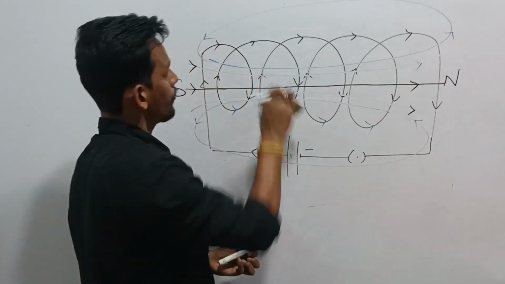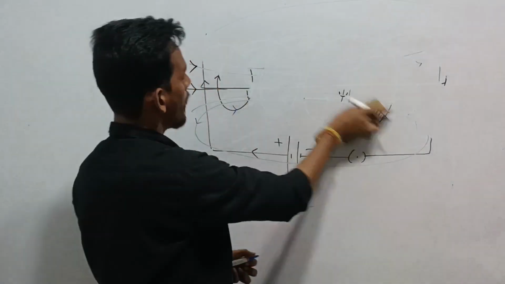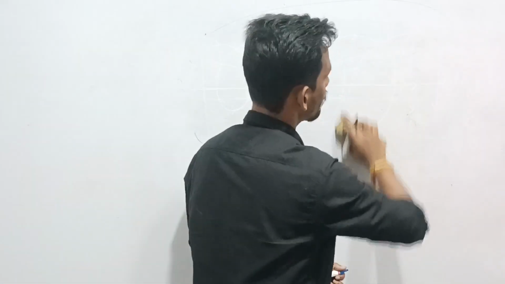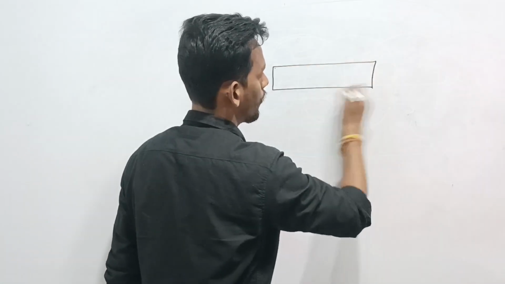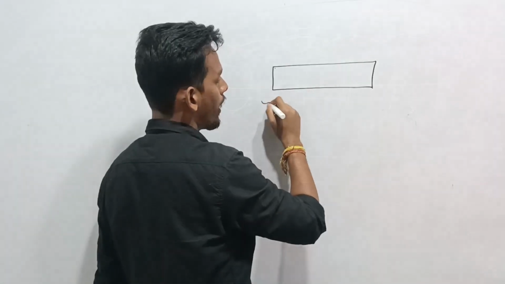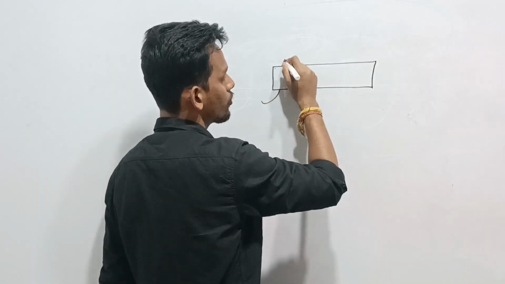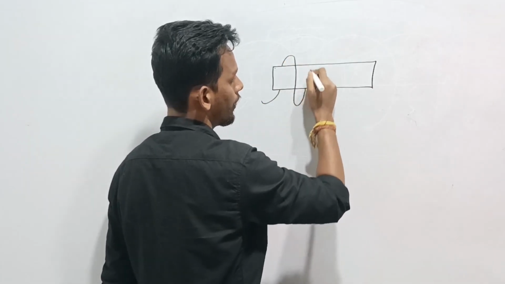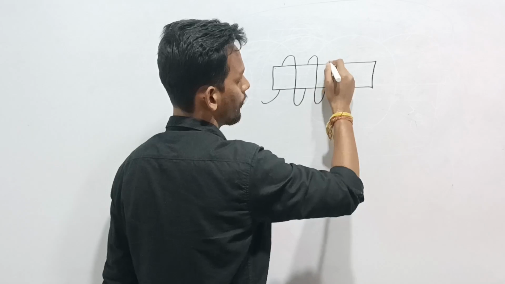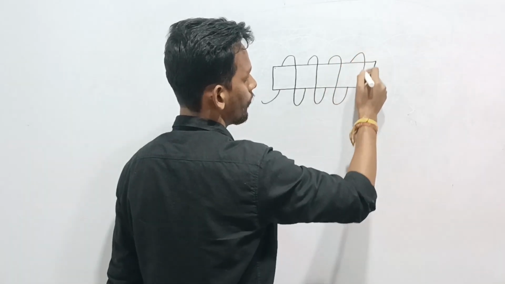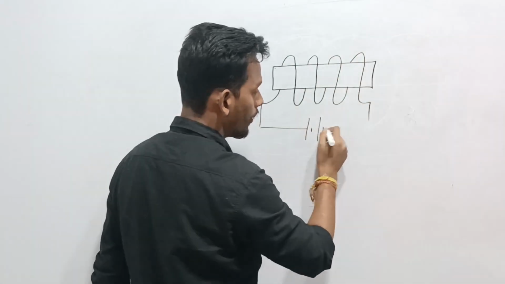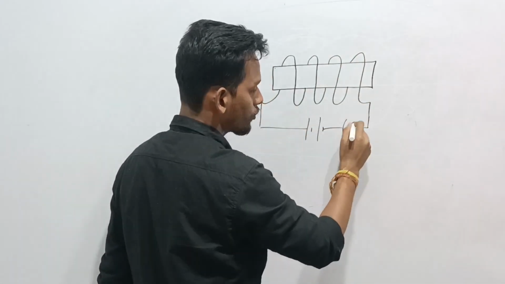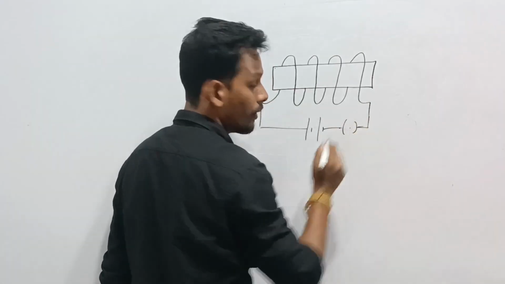Now where will you apply this rule, solenoid? You know electromagnetic induction. So this is the conductor. Now if you wrap an insulated wire like this, and the two terminals are connected to a battery, you can add one switch also for precaution.